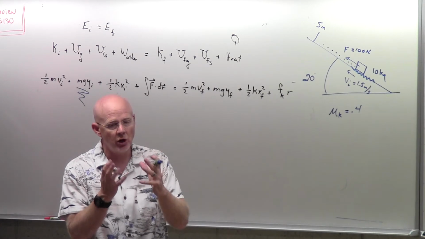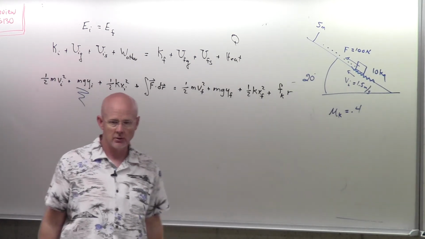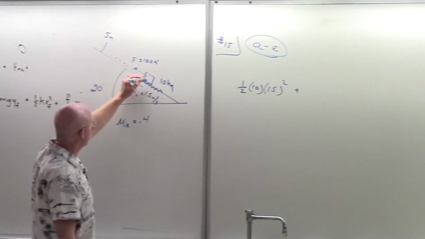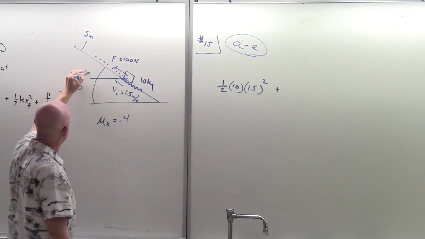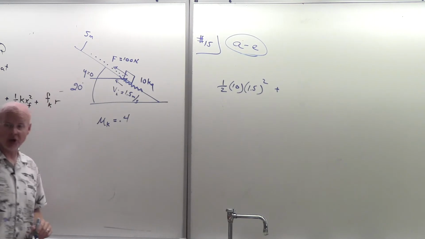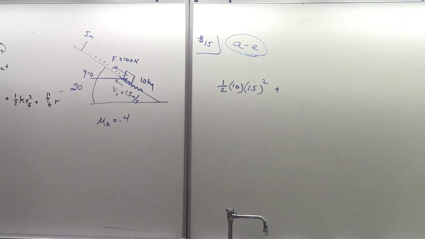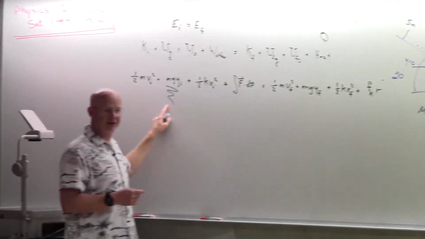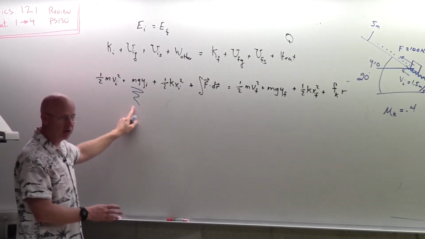Where do you want to call y equals 0? I would say, why don't we call that starting point y equals 0, which then makes that term 0. Great, I won't even put it in the equation.